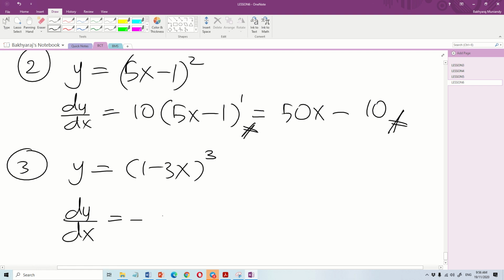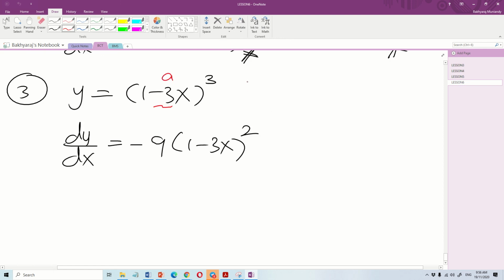Correct, negative 9, very good. Bracket (1 minus 3x) power of 2. Betul? Kenapa saya ambil negatif? Kenapa saya dapat negatif 9? Yeah, correct. So this time my a is negative 3. A ni mesti kena sebelah x. So saya punya a ni ialah negative 3. So negative 3 times 3, you get negative 9.